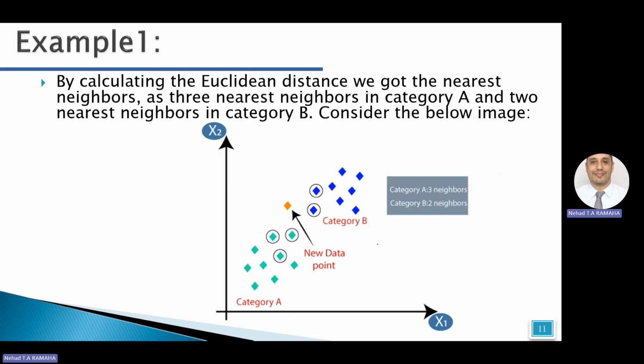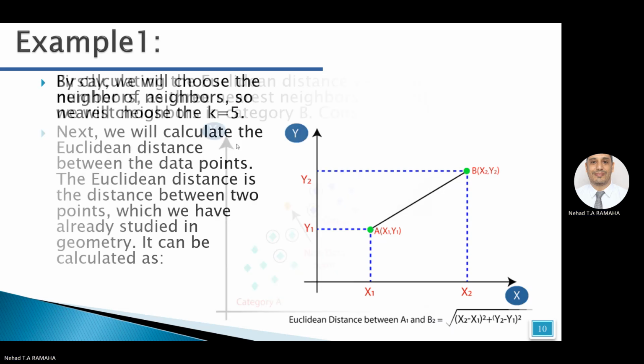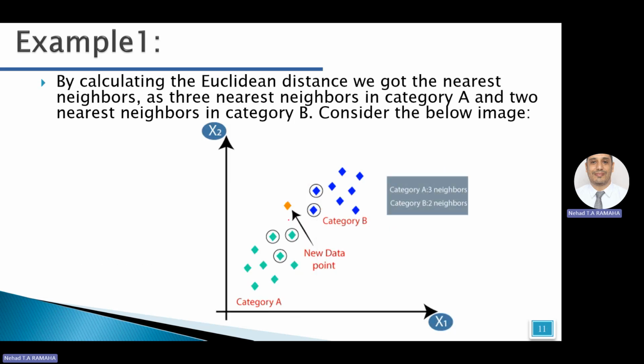Here, if we take K as 5 and calculate the distance to the closest 5 elements, will the new data be classified into blue or green? Green. Why? Because the closest 5 elements have 3 greens and 2 blues.